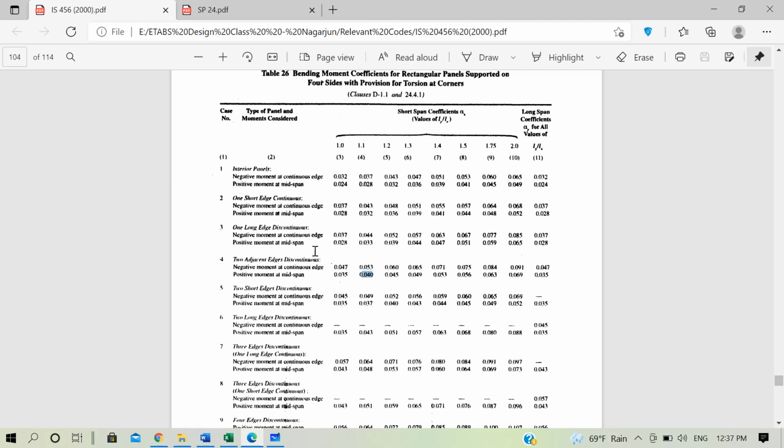And for long span coefficient, for this same condition, our long span coefficient is constant and it is not based on the value of Ly by Lx. That is, our long span coefficients are all the same, one value for all values of Ly by Lx, which is 0.047 and 0.035.